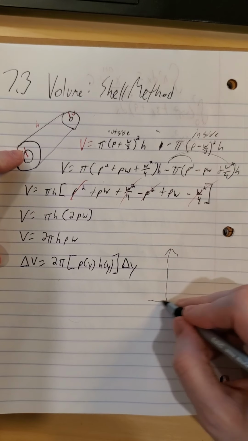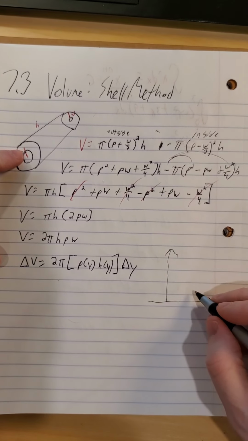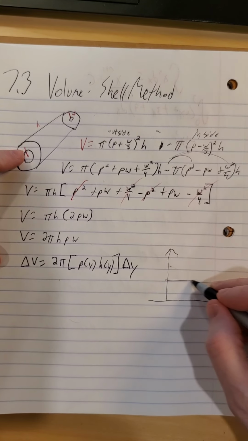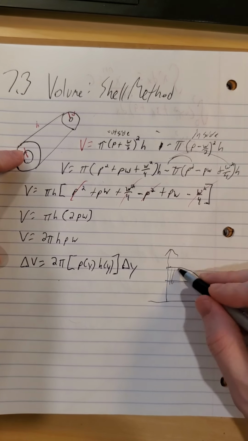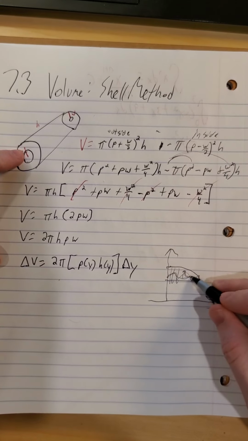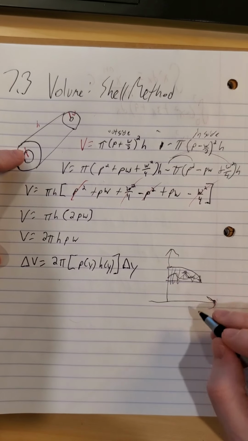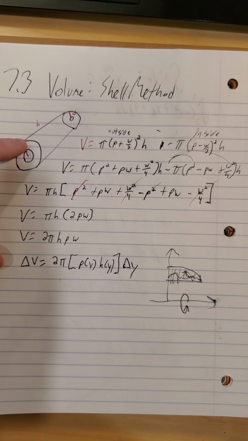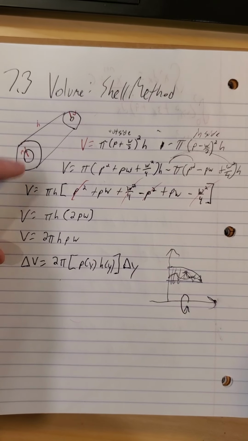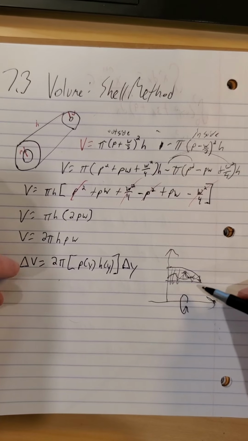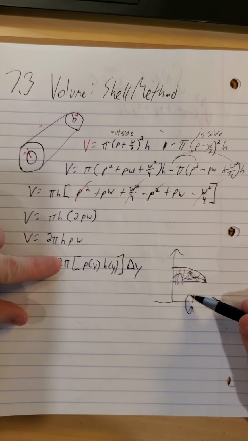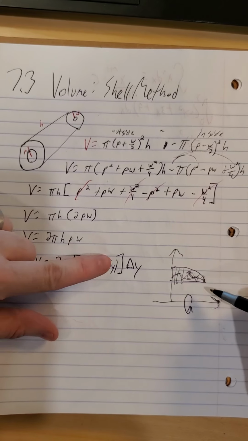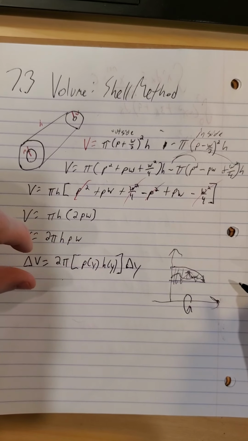So let's make a quick sketch of what we're doing here. We have some type of object, let's say this general shape here, this lovely piece of artwork, and we're spinning it around the x-axis. So the change in volume of this thing, 2 pi is there automatically since they're just constants, p of y, h of y times delta y.